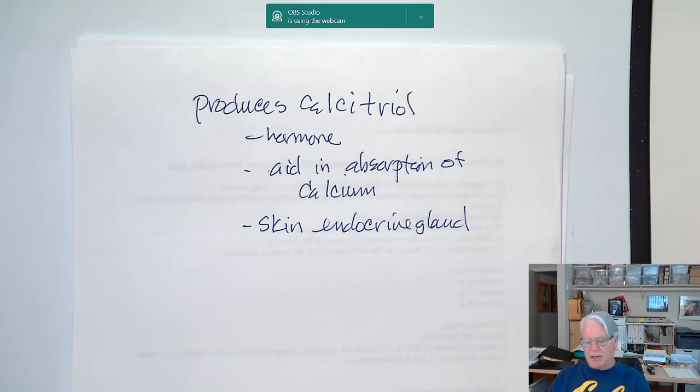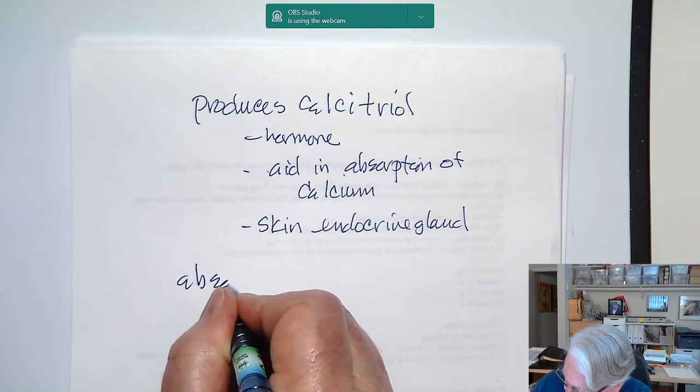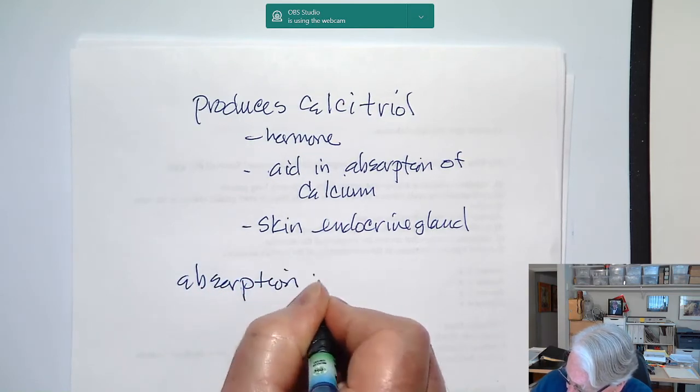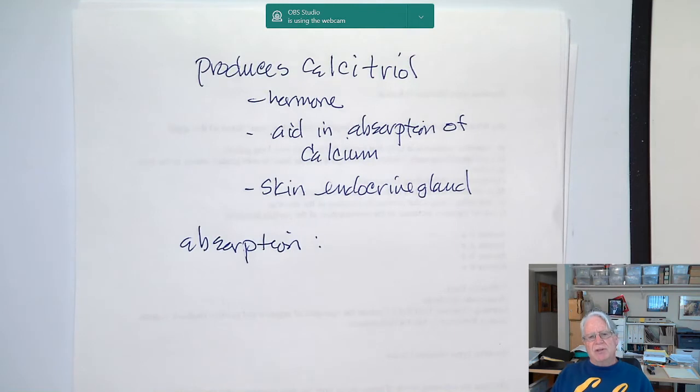Finally, your textbook mentions absorption, and let me just write the word down. And I want to say something about that. In my view of how the body works, it is true that you can absorb things across the skin. In fact, there are some medicines that are specifically designed to be placed on your skin so that your body absorbs them. Patches, for example nicotine patches, and there's a variety of others. So that's something that really does happen.